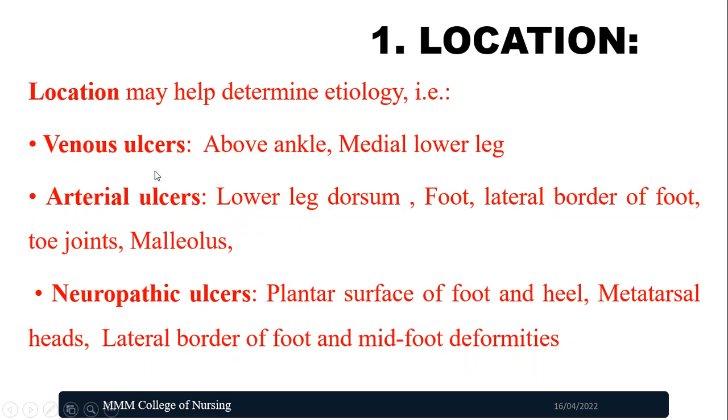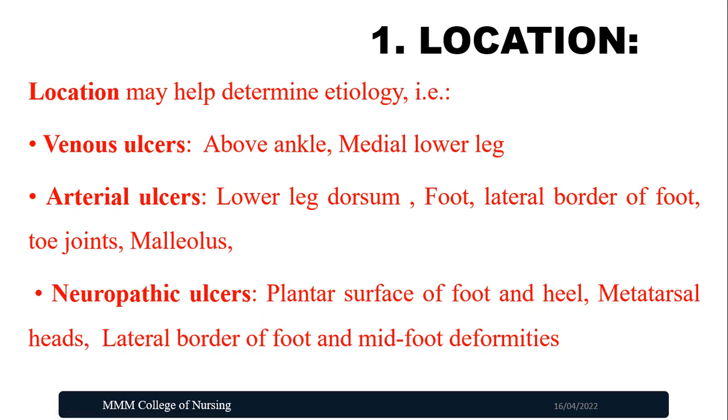Some examples are venous ulcers, which may be commonly seen above the ankle and medial lower leg. Arterial ulcers are seen over the lower leg dorsum, foot, lateral border of foot, toe joints, and malleolus. Whereas neuropathic ulcers are seen on the plantar surface of foot and heel, metatarsal heads, lateral border of foot, and mid-foot deformities.